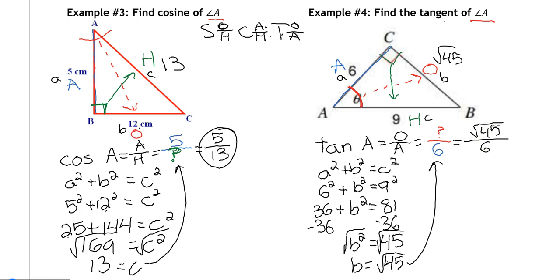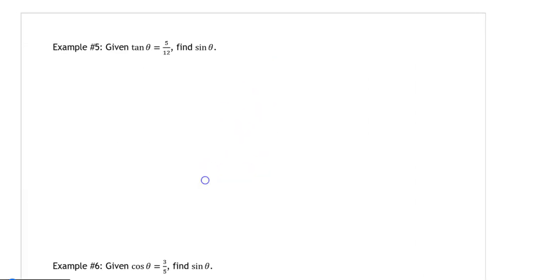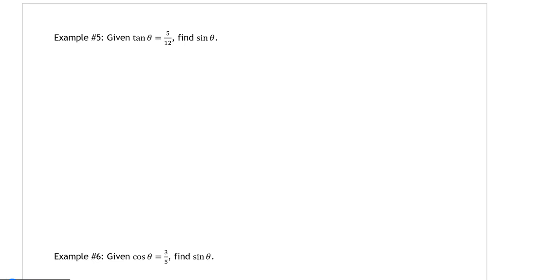All right, we have 2 more questions we're quickly going to look at. All right, example number 5 says, given tangent of theta equals 5/12, find sine of theta. Okay. For these problems, I'm always going to start by just drawing myself a nice triangle to look at with my right angle, and I'm going to put my theta somewhere, so that other angle somewhere.